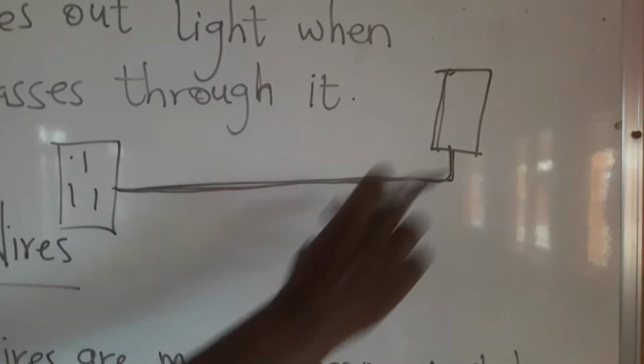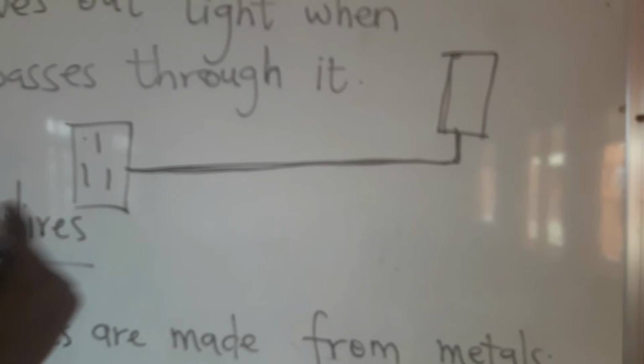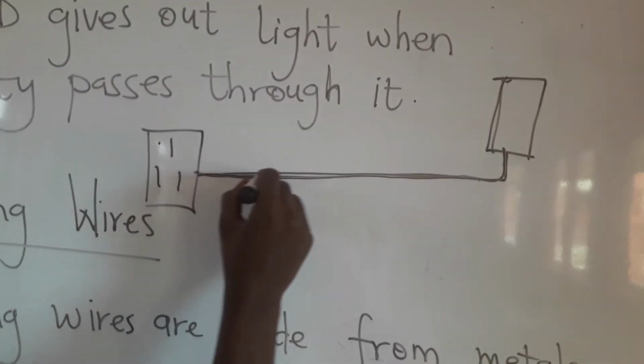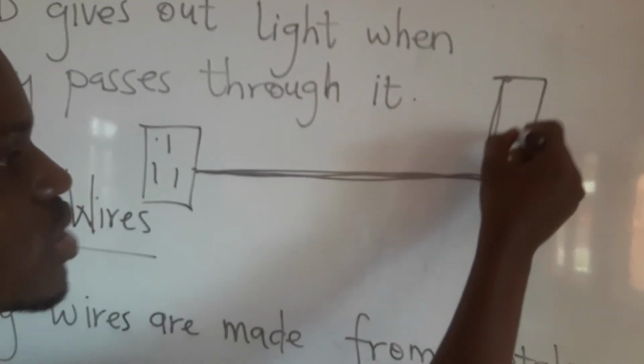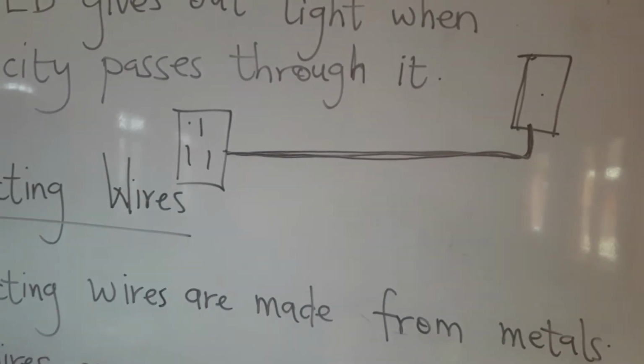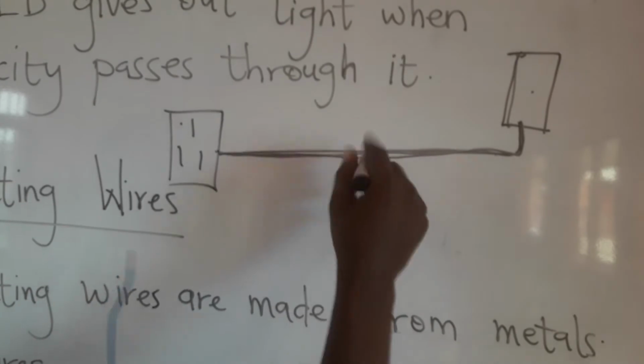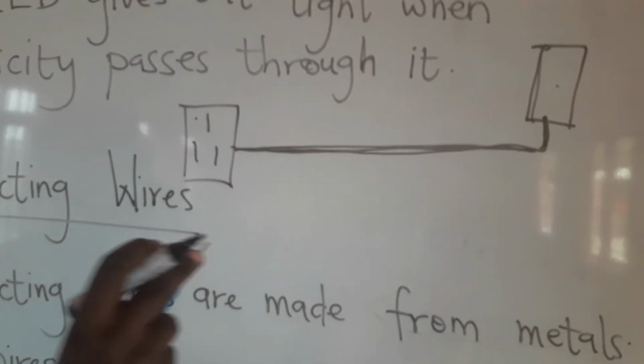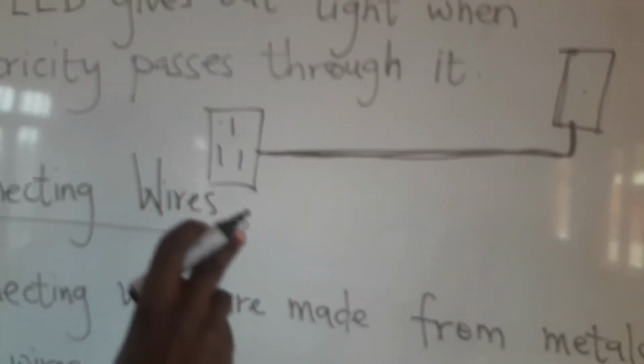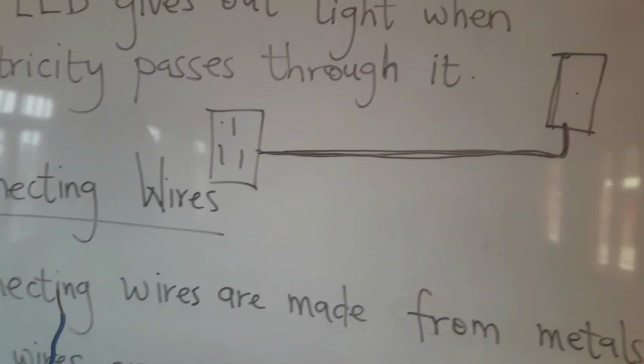So when mommy's phone is low and you put it on charge, electricity has to move through the cable into the phone for the phone to charge. That is why if your phone is not charging, it's either the metal in the cable is faulty, or it is broken. Good.